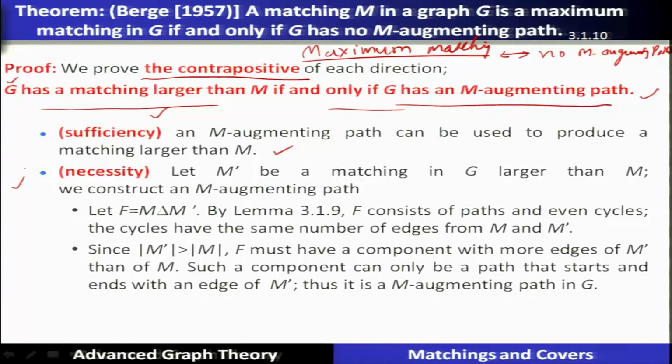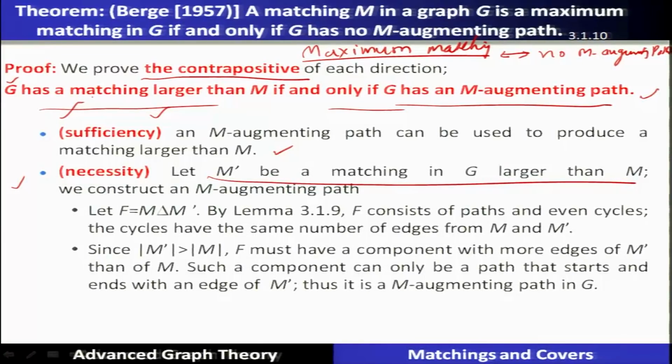Necessity condition says that if G has a matching larger than M, then we have to prove that G has an M-augmenting path. Let M prime be a matching in G which is larger than M, because this is given.